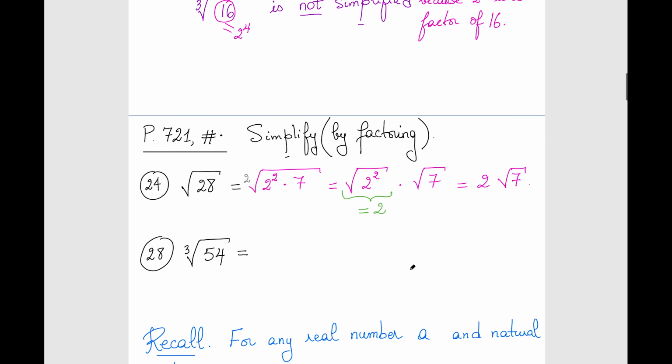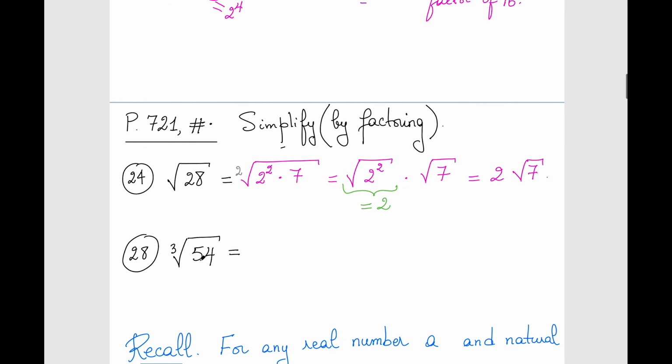Okay. Cube root of 54. Well, we just dealt with 54. The prime factorization of 54 is 3 cubed times 2. Correct? 27 times 2.